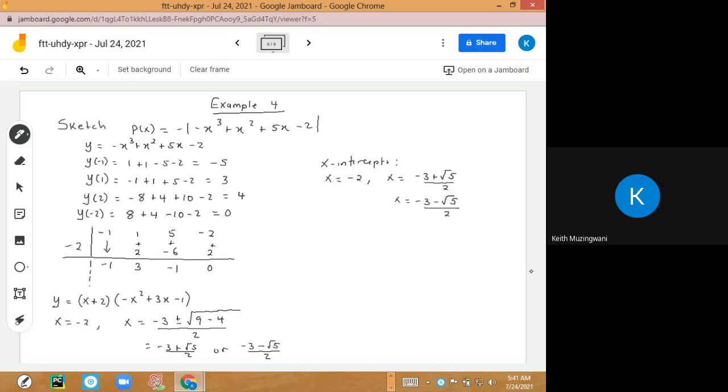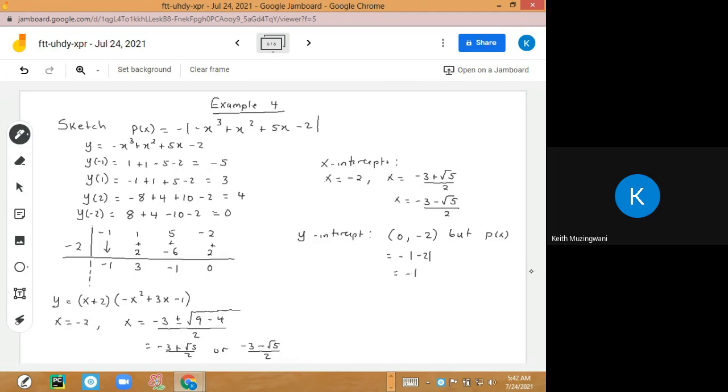Now I want the y-intercept. The y-intercept is coming out to be 0, negative 2, but p of x is equal to negative modulus, meaning that we'll have negative 2 inside the modulus.